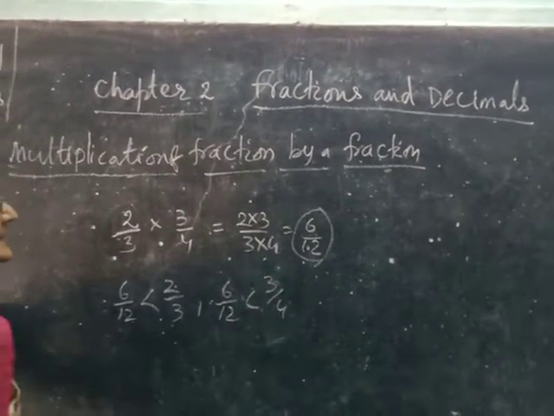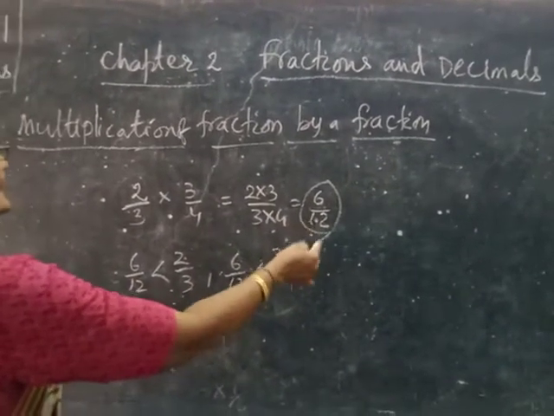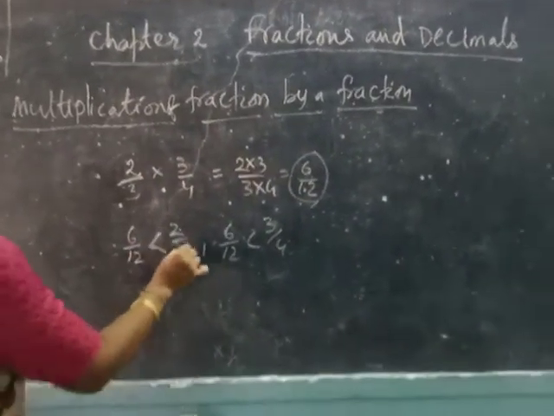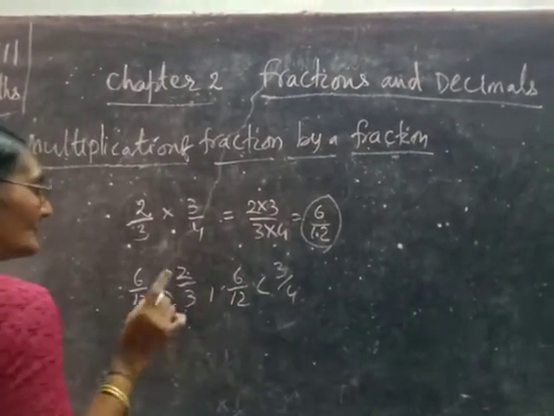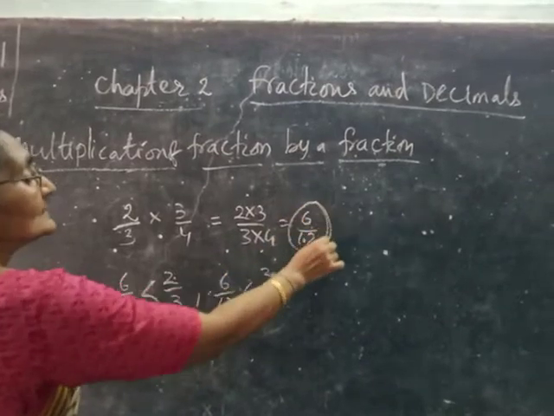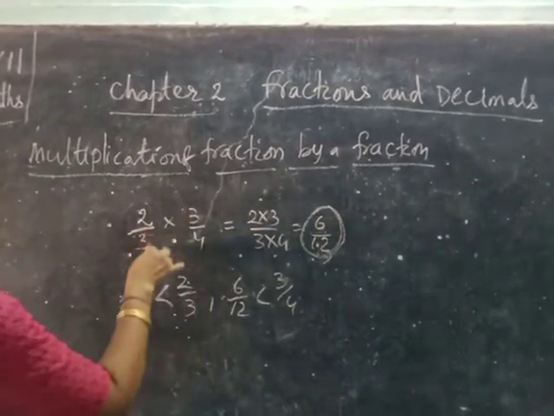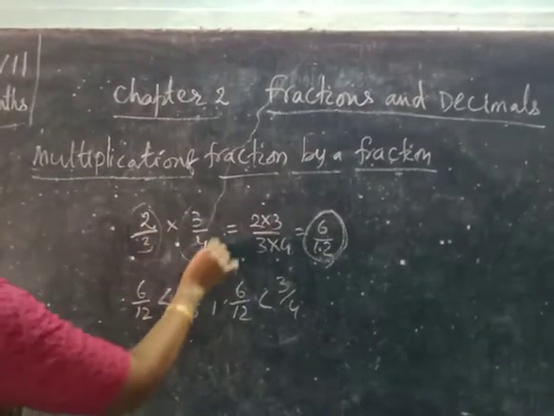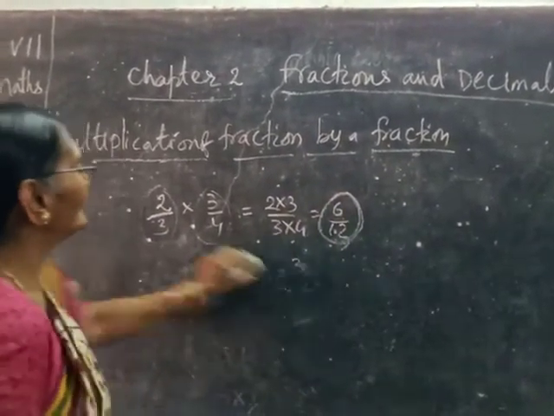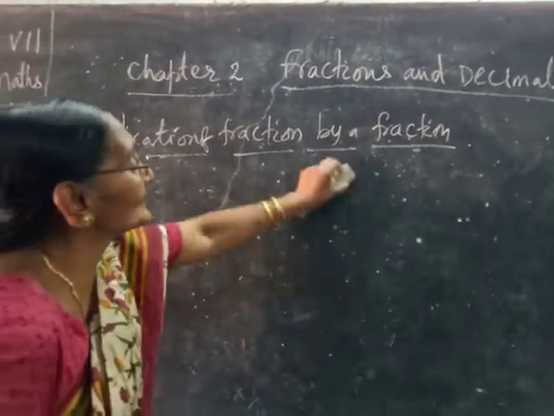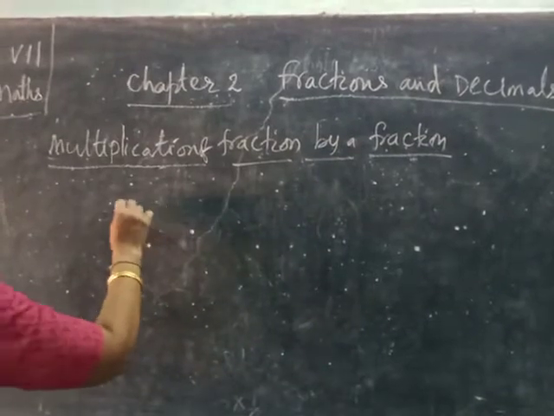What you observe is that the product is less than each of the proper fractions. Do you understand? If you multiply proper fractions, the product is less than each of the proper fractions.